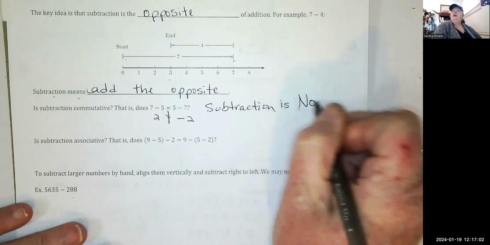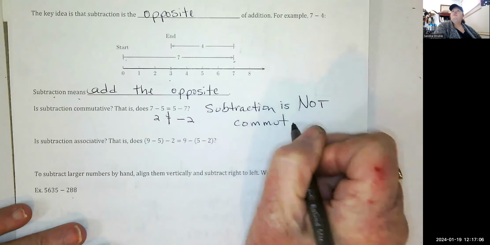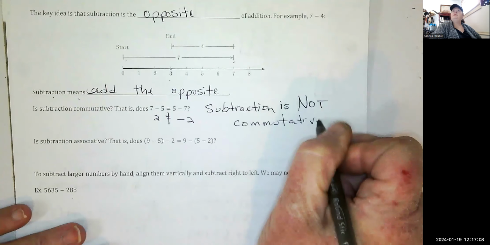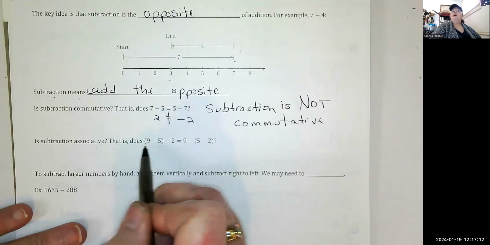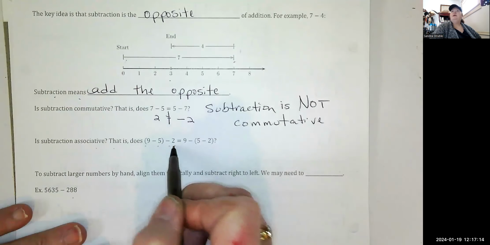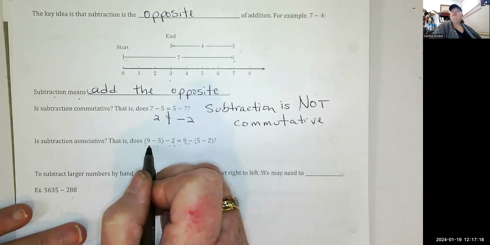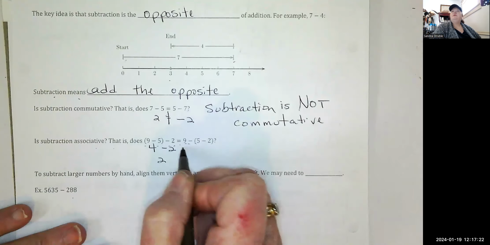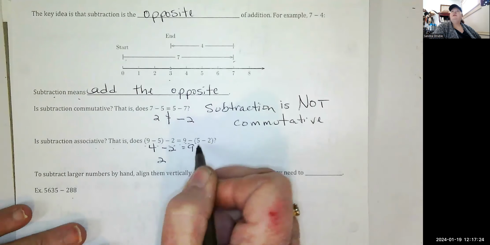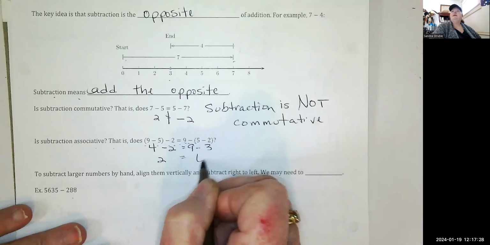Is subtraction associative? That is, does (9 minus 5) minus 2 equal 9 minus (5 minus 2)? Let's find out. 9 minus 5 is 4. Minus 2 is 2. 5 minus 2 is 3. 9 minus 3 is 6.